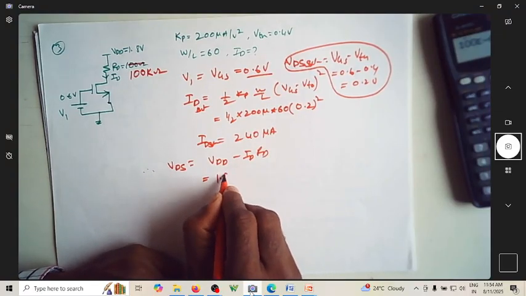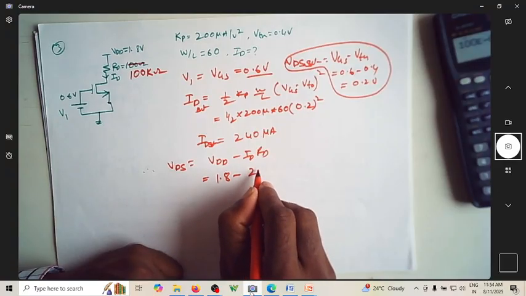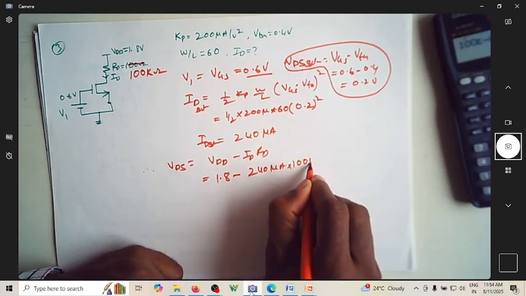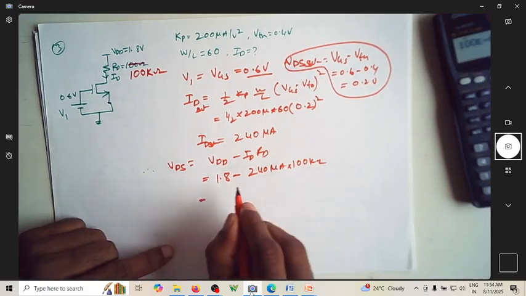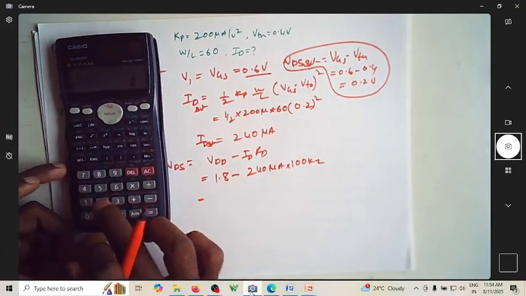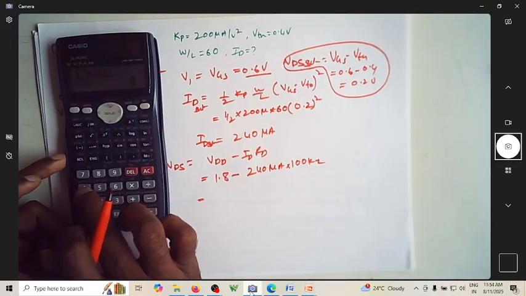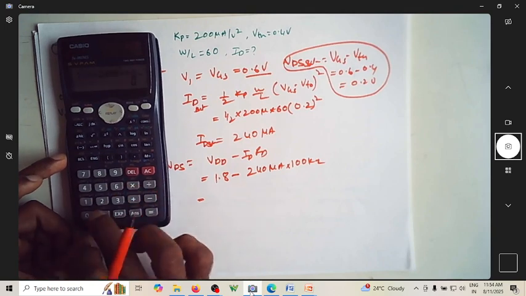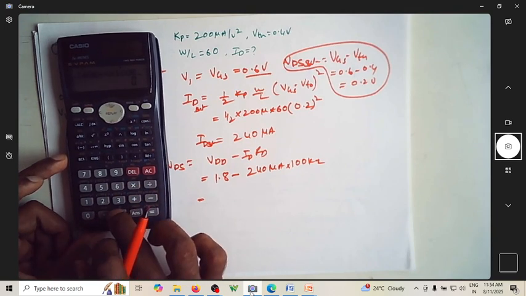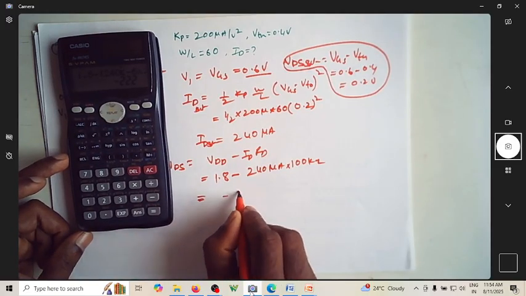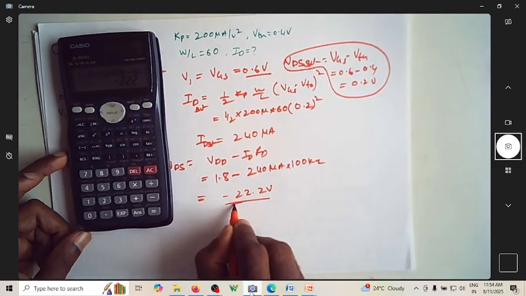So this comes out to be 1.8 minus 240 microampere into 100 kilo. So now what you have is 1.8 minus 240 exponential of minus 6 into 100 exponential of 3. So this comes out to be minus 22.2 volt.